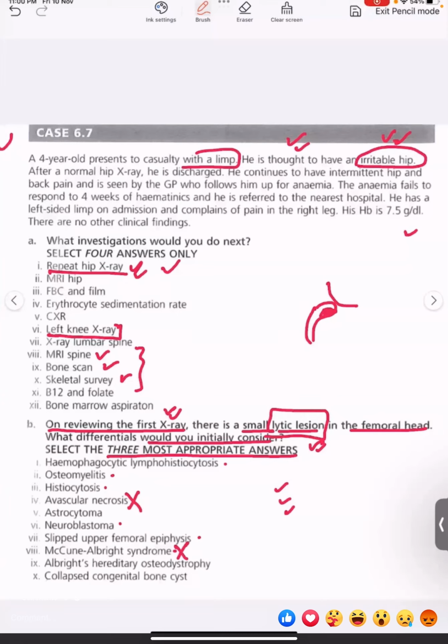Look at what options they have given. Have they given Ewing sarcoma in the options? You are right, but please look at what the options are. Osteomyelitis, yes, number one is osteomyelitis. Dr. Sadaf, they have not talked about Ewing sarcoma. See what is in the options. HLH, hemophagocytic lymphohistiocytosis? No. Neuroblastoma? Neuroblastoma, yes. All right. The third option, histiocytosis.